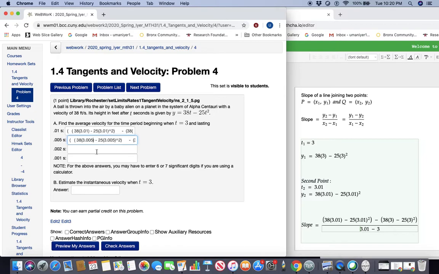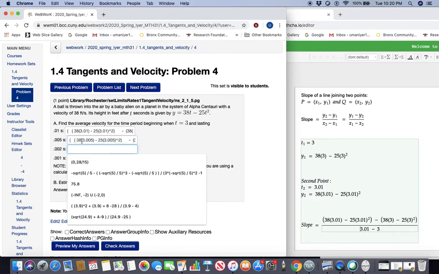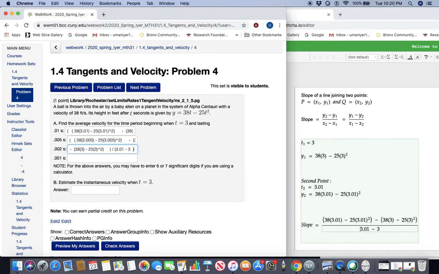Likewise, 3.002. Try not to use your calculator and find an approximation, because WebWork might not like your approximation. The last one, 3.001.